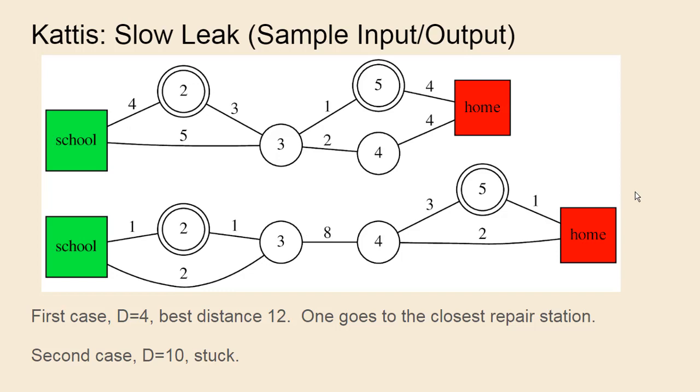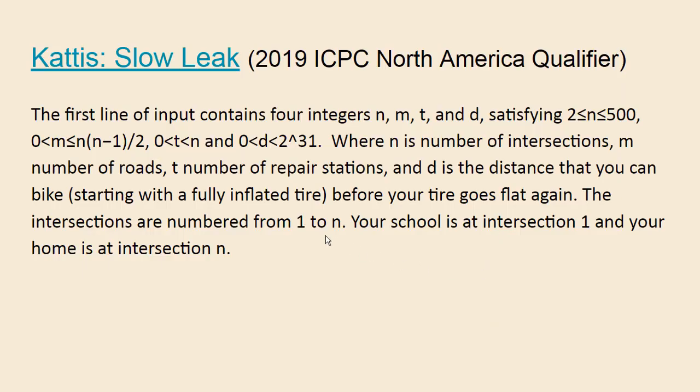Having understood what this problem is, let's look at the parameters. N is the number of intersections. These are like the nodes, the number of nodes in a graph. M is the number of edges, or number of roads, and T is the number of repair stations.